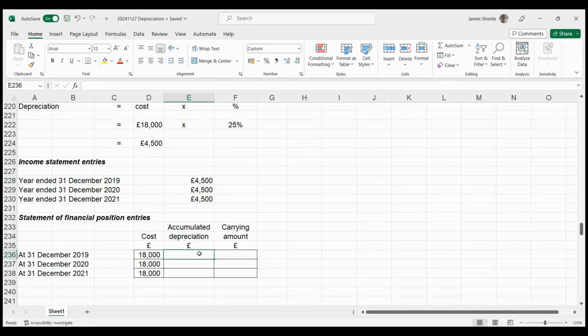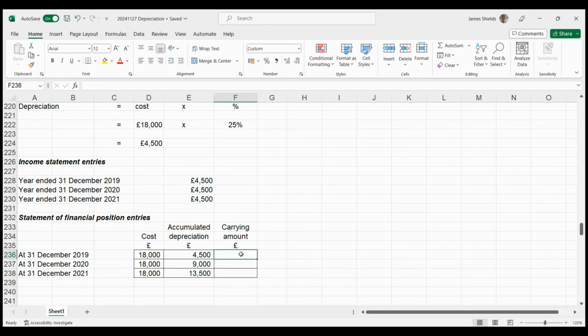At the 31st December 2020, it's going to be the one for 2019 plus the one for 2020, so it's going to be £9,000. And for December 2021, we've got £4,500 from 2019, £4,500 from 2020, and £4,500 from 2021. That's going to give us a total of £13,500.